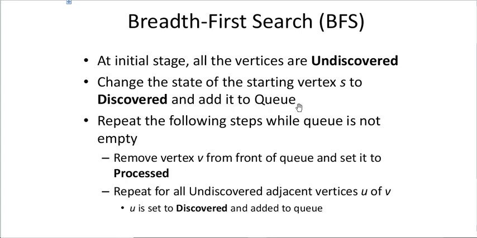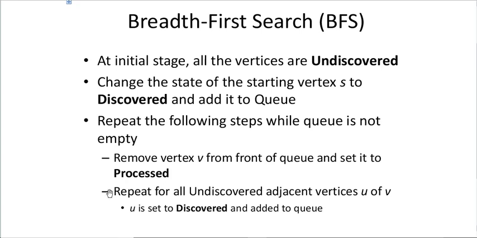As I have told you, the color code for discovered is gray. Now, let us move on with step 3. Repeat the following steps while the queue is not empty. As you can see, we have added the start vertex to the queue. So, we have to repeat these steps until the queue is empty.